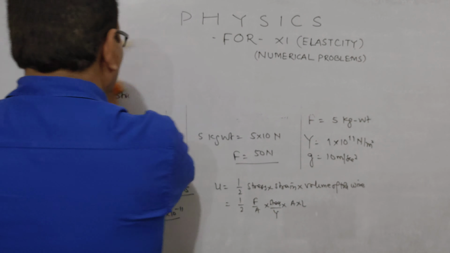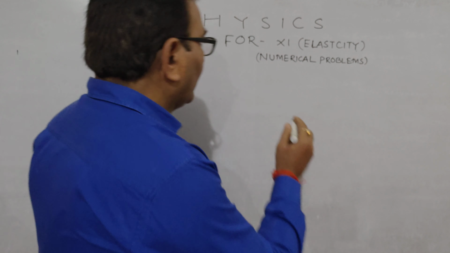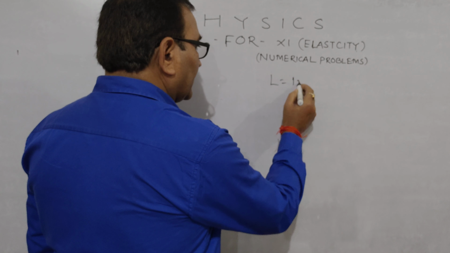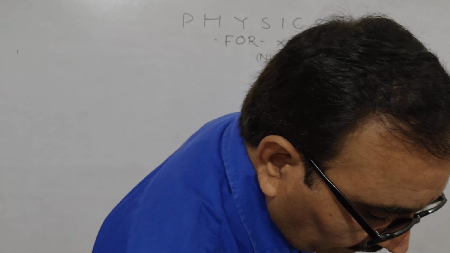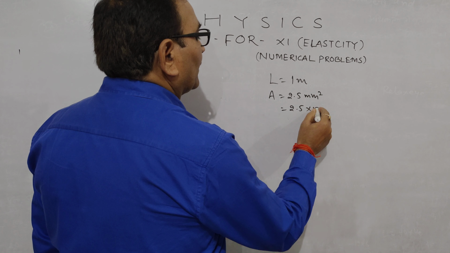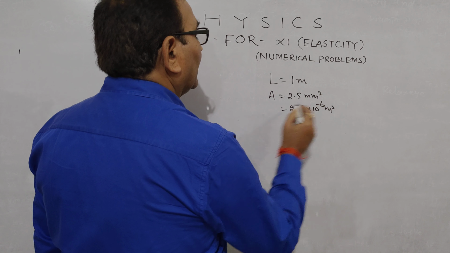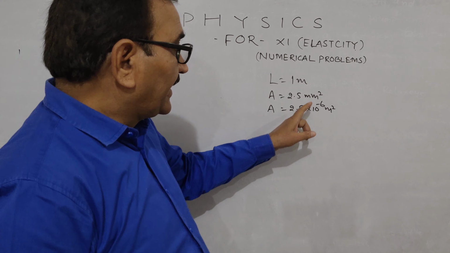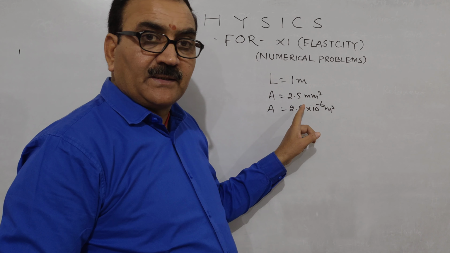The length of the wire is 1 meter, and the area of cross-section is 2.5 mm square. That means 2.5 into 10 to the power minus 6 meter square. Already I have discussed, when given in mm or centimeter, first convert to meter.